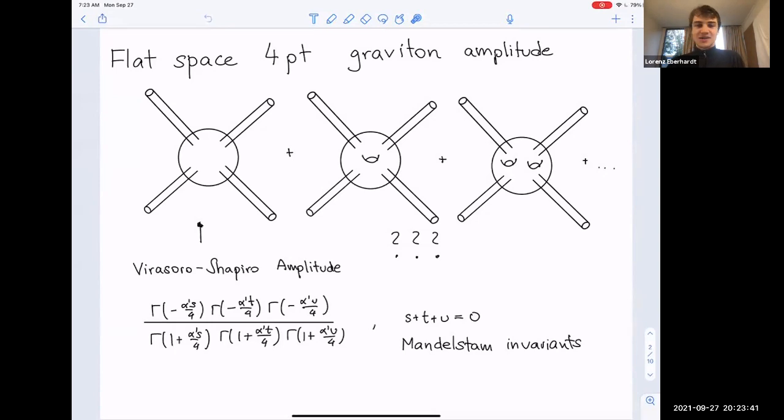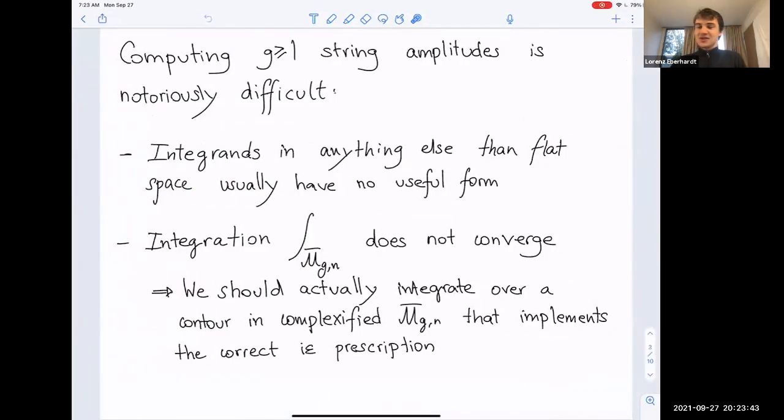Since this is not told very often in string theory courses, I thought I'd briefly mention what are the problems. Why don't we actually know the higher genus amplitudes? There's not even a numerical result.